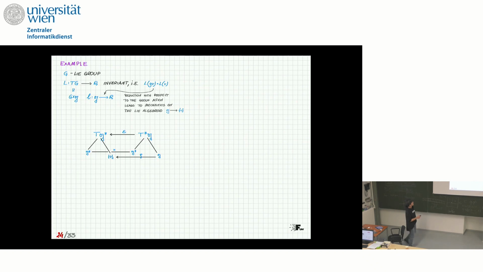So what do we get? Now, without looking at the reduction, we just know that this is a Lie algebroid. Therefore, it can be written as a map from T star G to TG star, a map which is a double vector bundle morphism.